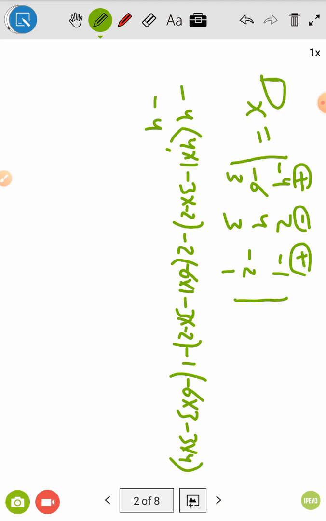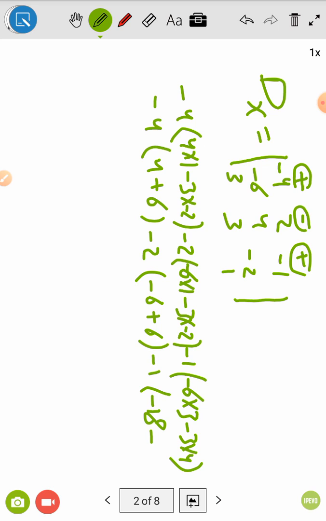Here negative 4, 4 plus 6, here negative 2, negative 6 plus 6, here negative 1, negative 18 minus 12. Here negative 4 times 10, negative 40, negative 2, here 0 will be 0. Negative 30 multiplies negative 1 plus 30, the answer will be negative 10.